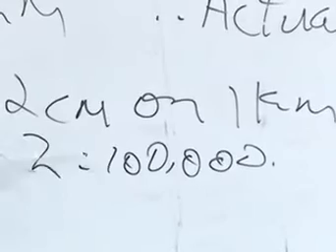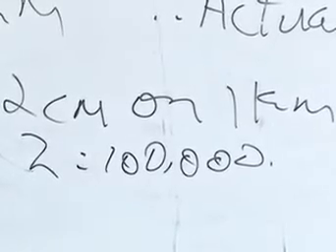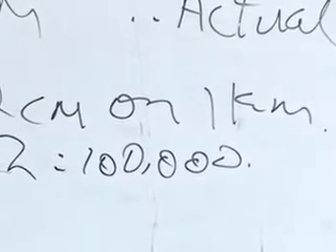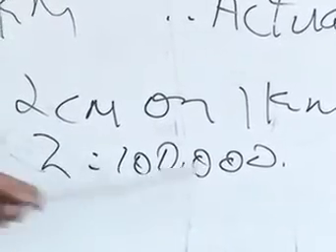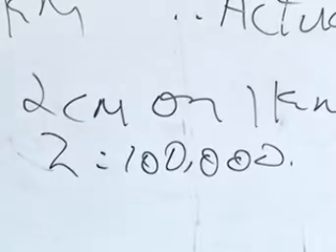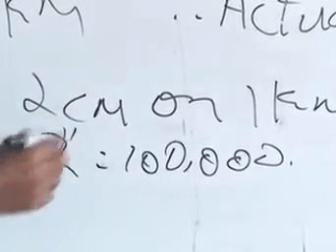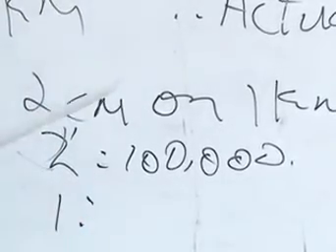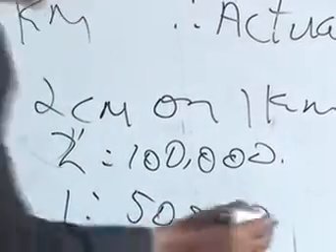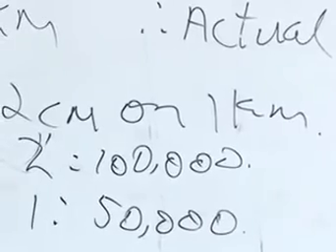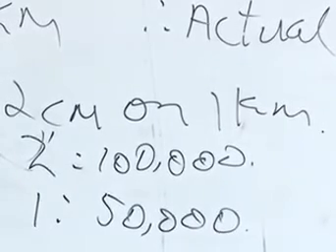And we have to reduce to the lowest terms, because the numerator in a scale is always 1. Then you divide by 2. The scale of such map is 1 to 50,000.